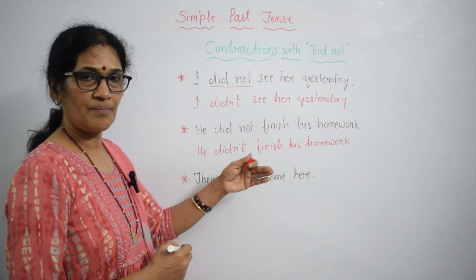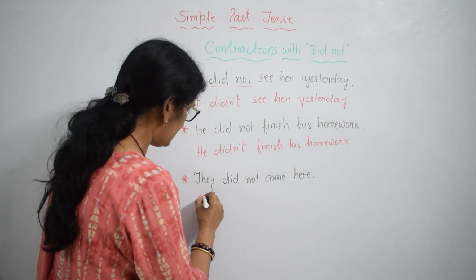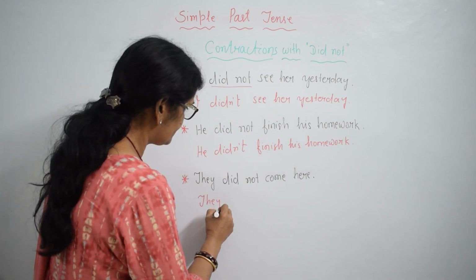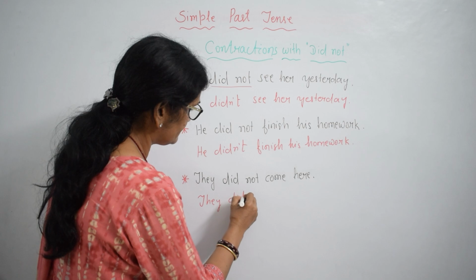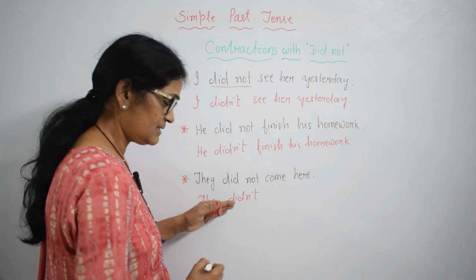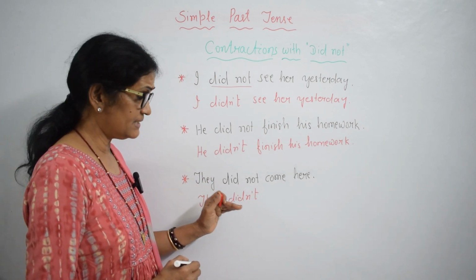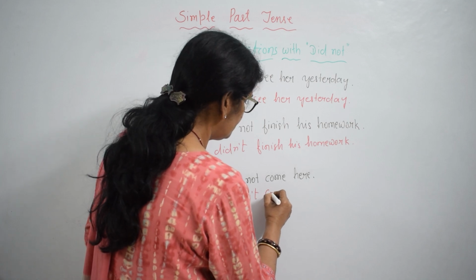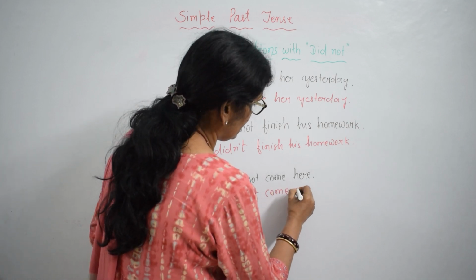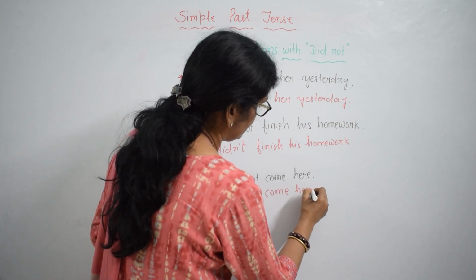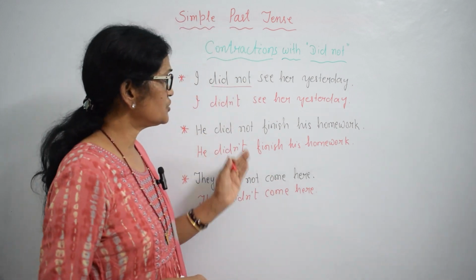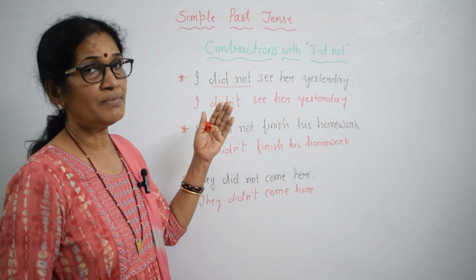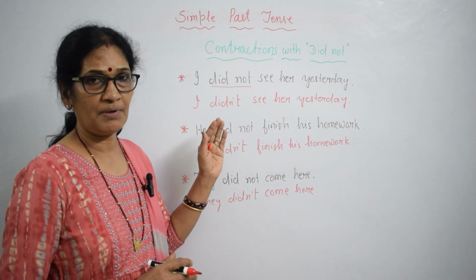They did not come here. They didn't come here. Okay, in such a way we form contractions in simple past.